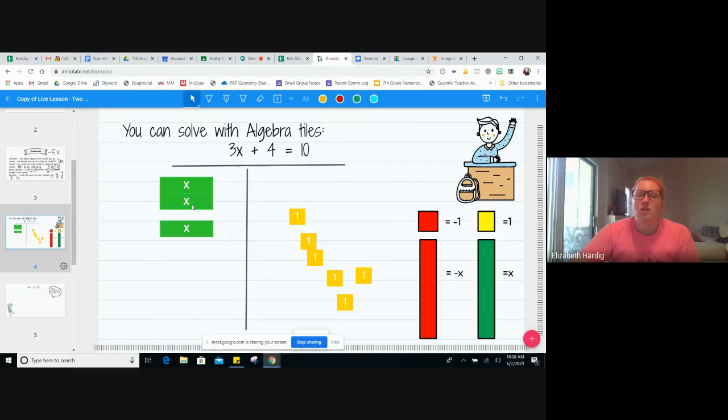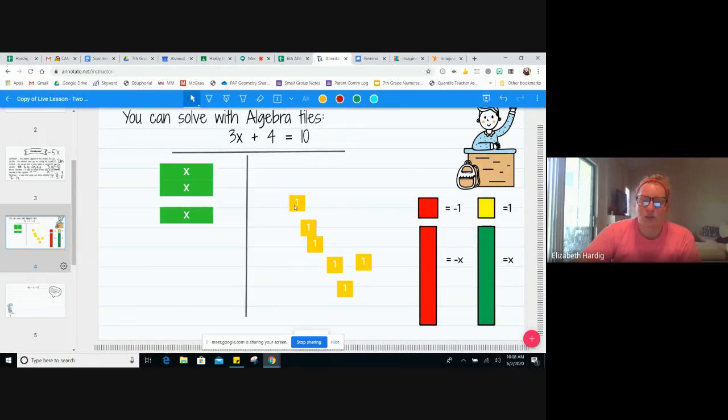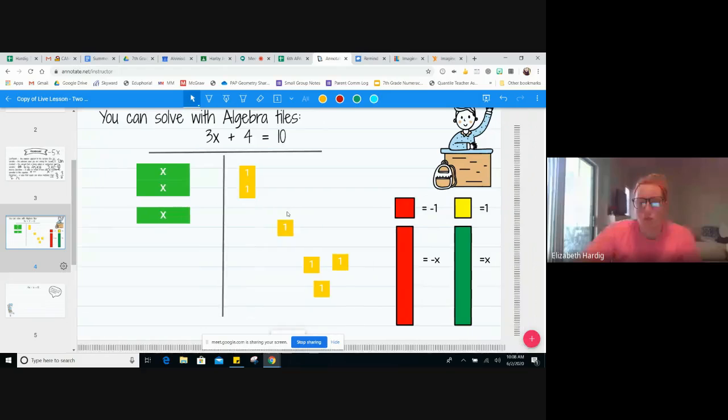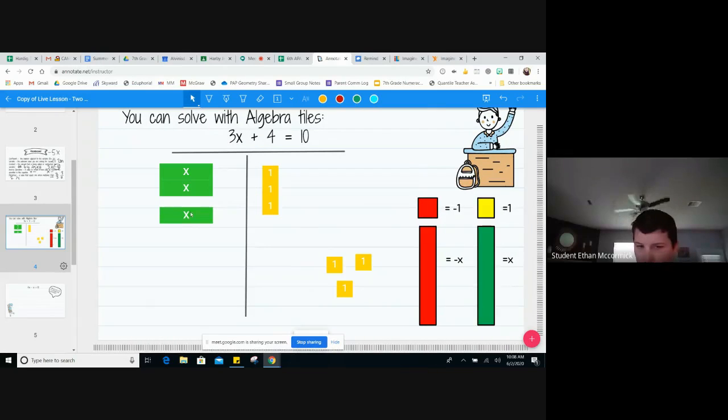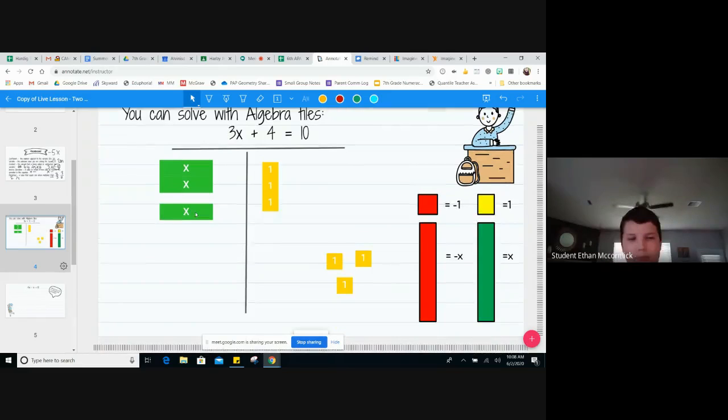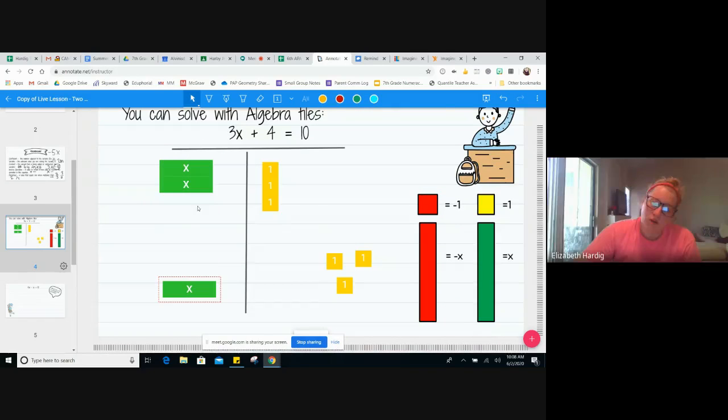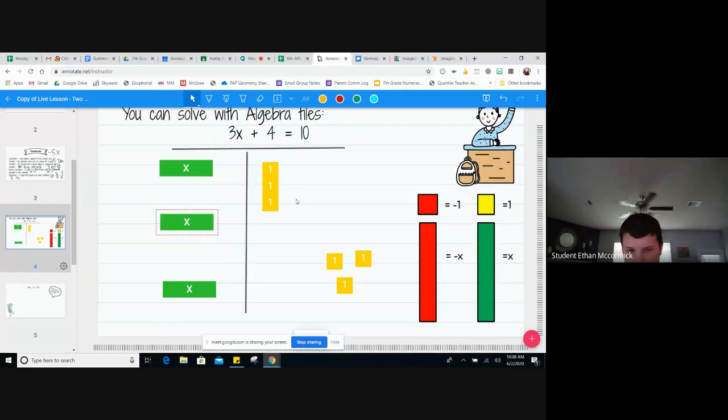Okay, so now I have that 3x is equal to 6. But I only want to know what 1x is equal to. So can I share these ones equally with each x? No. Let's see. Maybe. If I do, oh, yeah.